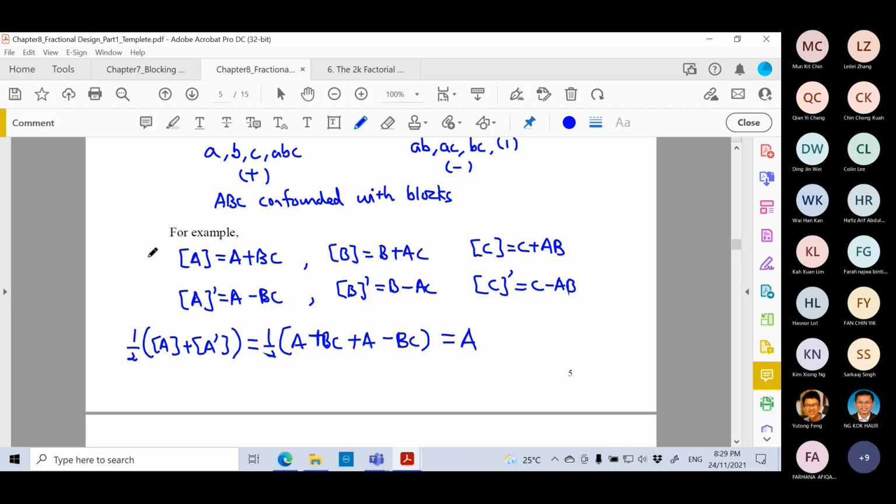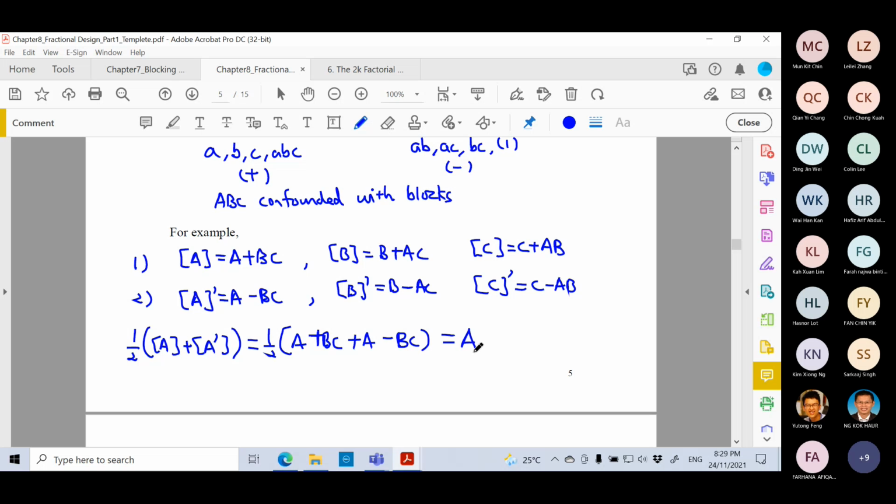So in our fractional design, if we only run the first one or the second one, we can only estimate the effect of A and BC together, or of A and BC together. But if we run completely the full set of the combinations and take the average value of these two, you will get completely your effect of A.